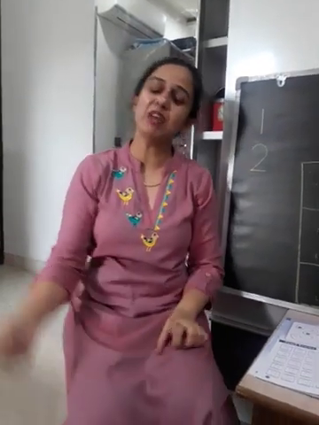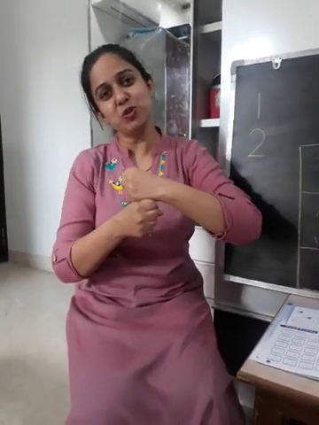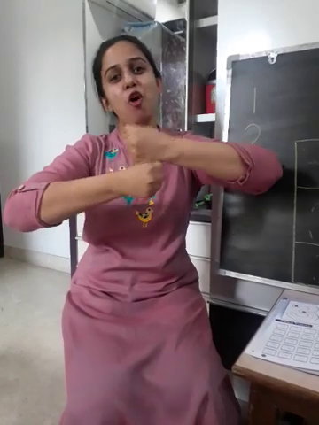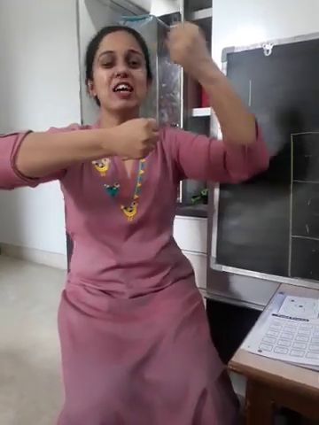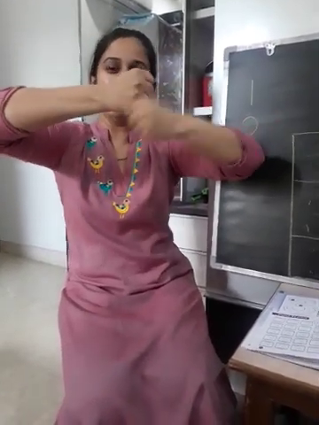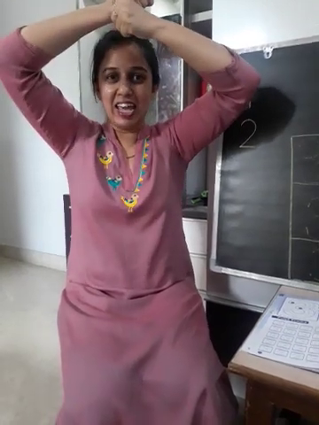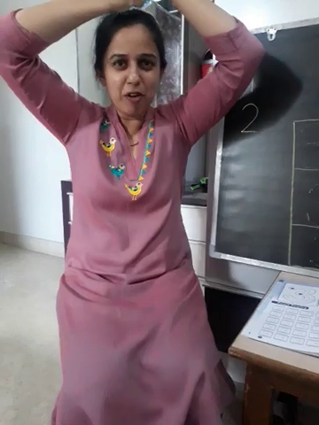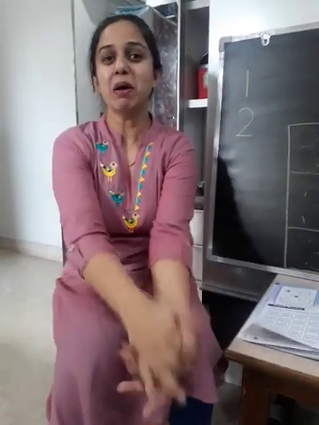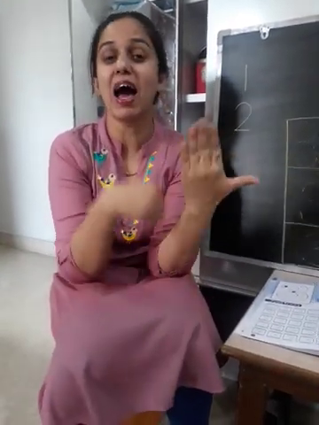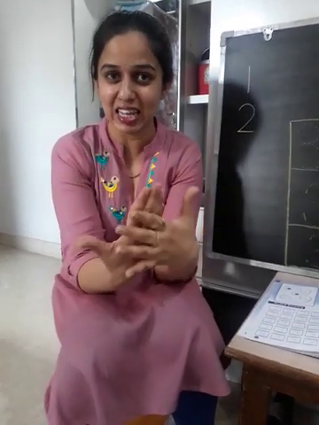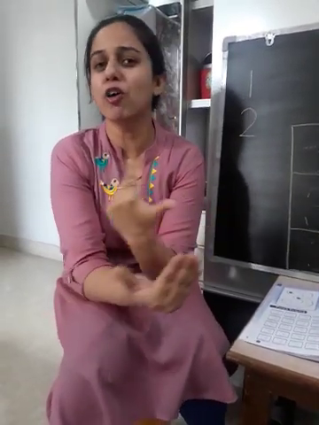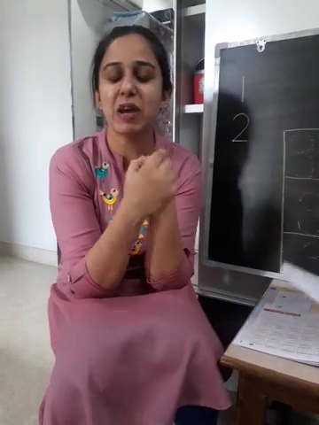Right? One more time. 1, 2, 3, 4, 5, 6, 7, 8, 9 and 10. Okay, babies? So like this you have to revise your counting daily. Do your oral part very nicely and practice it daily.